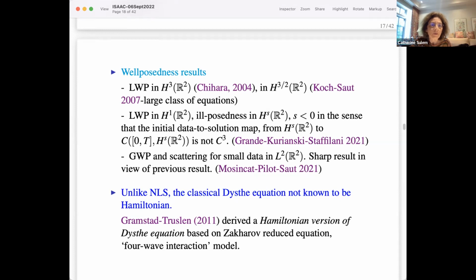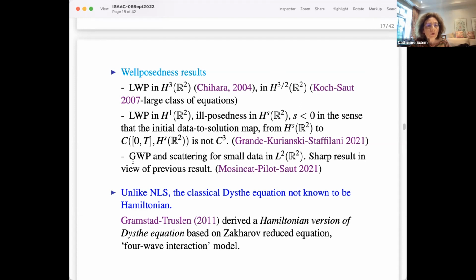More recently, there have been 2 papers, the one by Grande, Kuryansky, and Staffilani. The first paper shows local well-posedness in H1, so going down from H3/2 to H1, as well as ill-posedness for negative Sobolev, in the sense of the initial data to solution map not being C3.